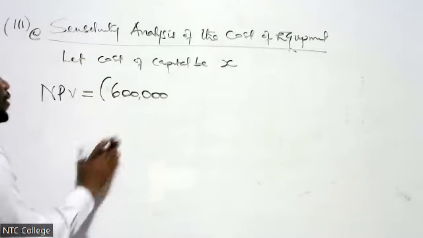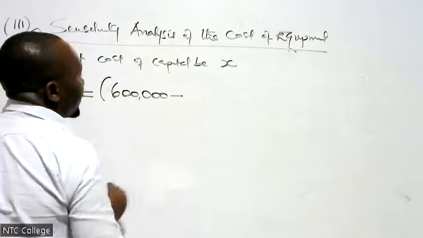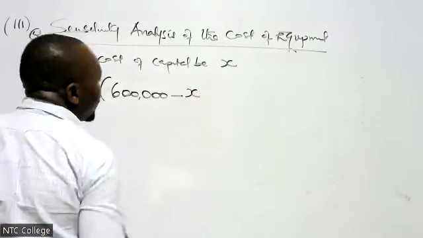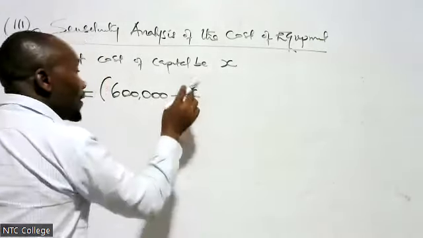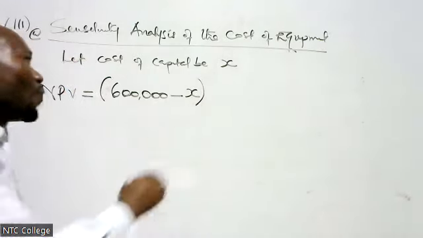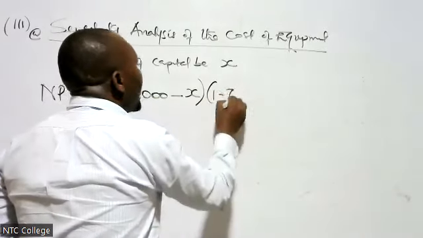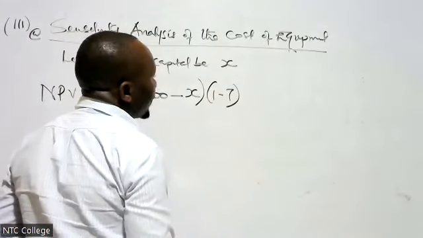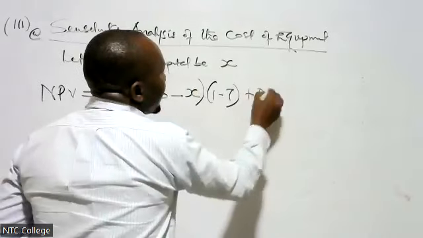So it was 600 which we know minus X now, because we don't know, this is the one that we have to vary, into bracket 1 minus T plus dt.